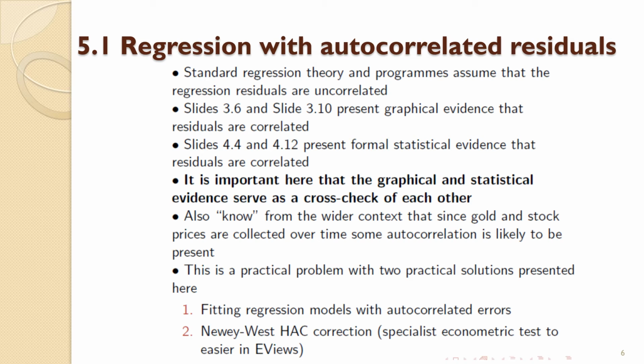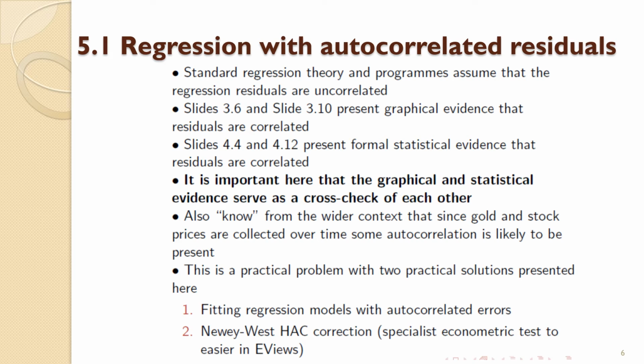Similar to the previous lecture examples then, the standard regression theory and programs assume that regression residuals are uncorrelated. So if you have autocorrelated residuals, you won't blow up your laptop, you just may not be able to trust the computer-generated results at face value. What we've got in this example are, it says there, slides 3.6 and 3.10, where you've got graphical evidence that the residuals for this regression model are correlated.